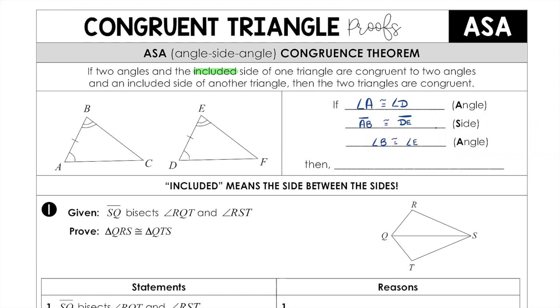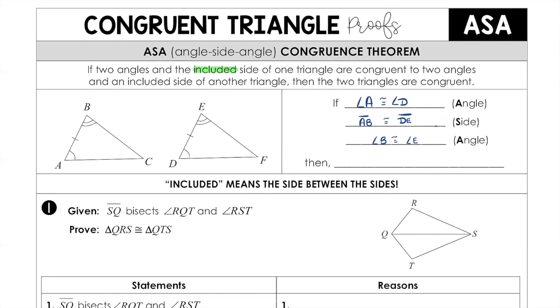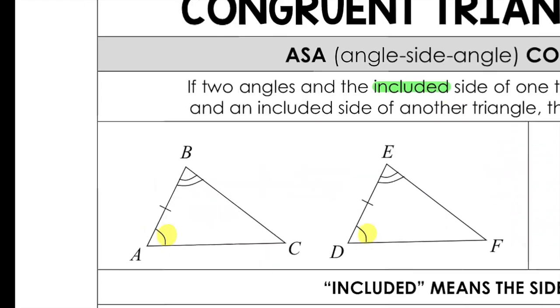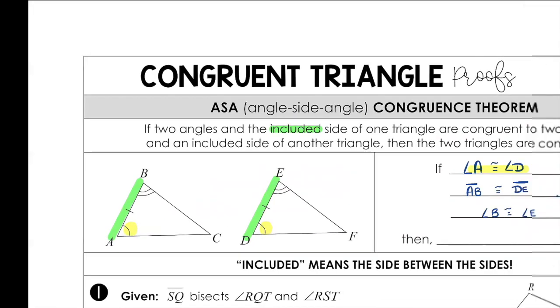So if we do our little highlighter trick, we've got our congruent angles A and D. We've got our congruent sides, AB to DE.